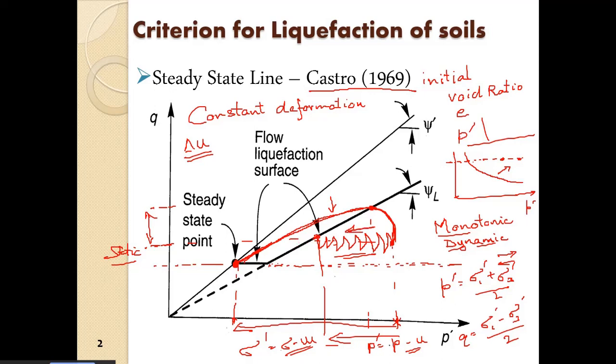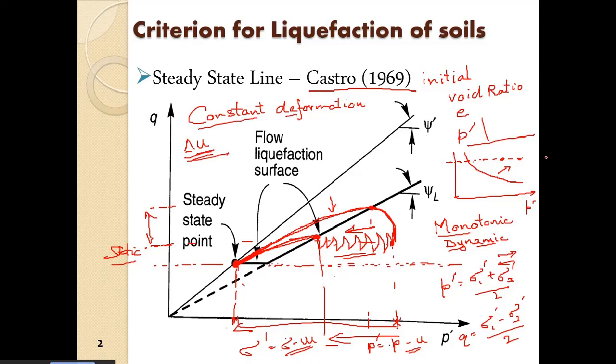As soon as it reaches this point, flow liquefaction is initiated, and there is deformation up to this steady state point. So there is further development of pore water pressure, and from the steady state point onwards, again there is constant deformation.